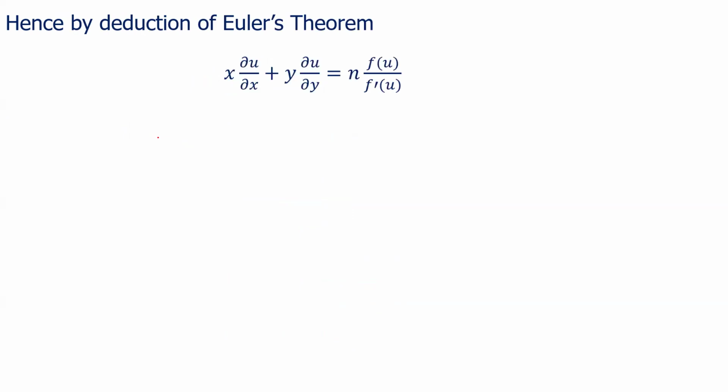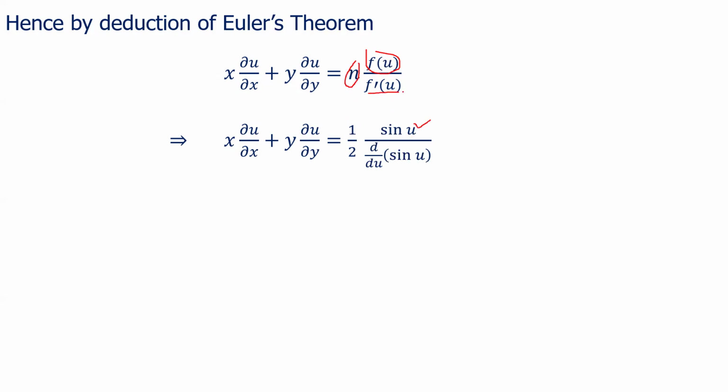Hence, by the deduction of Euler's theorem, x del u del x plus y del u del y is equal to n f of u upon f dash of u. Here, f of u is sine of u, and n is 1 upon 2. And f dash of u means the derivative of sine u with respect to u.